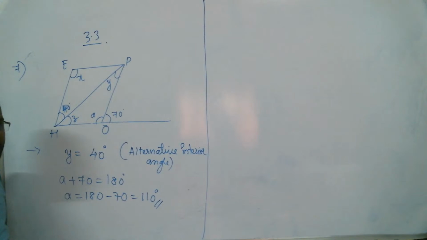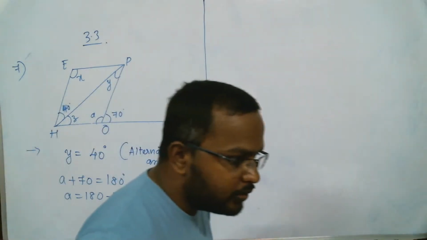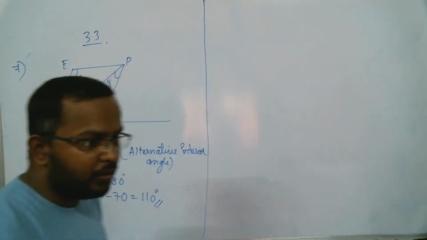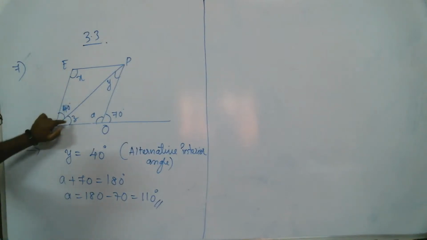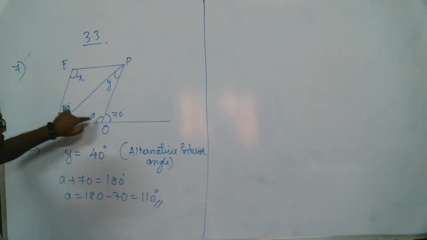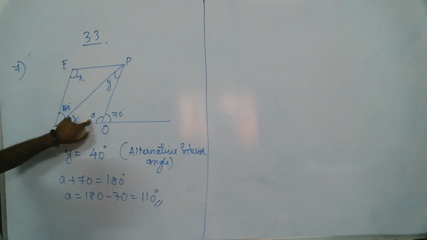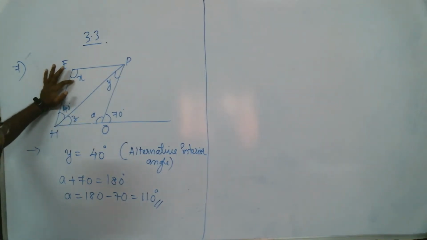Now, when we get A is equal to 110, somebody is writing z is equal to 110. See, this is x, not z. Z is here. So we got A is equal to 110. If this is 110, then angle x is also 110. Why?